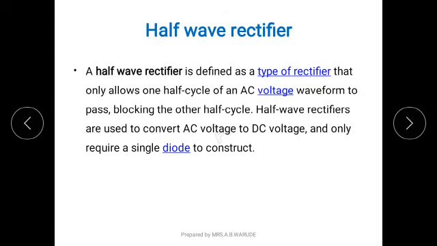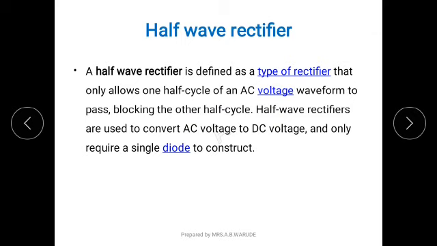Now we study what is meant by half wave rectifier. This half wave rectifier is a type of rectifier, but the difference between half wave rectifier and full wave rectifier is that the half wave rectifier only allows one half cycle of the AC voltage waveform to pass and it blocks the other half cycle.